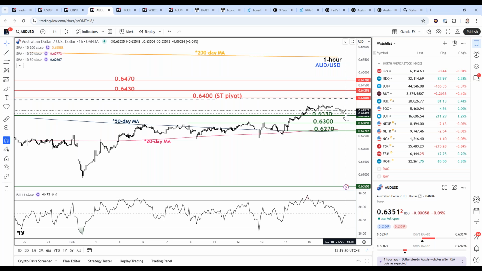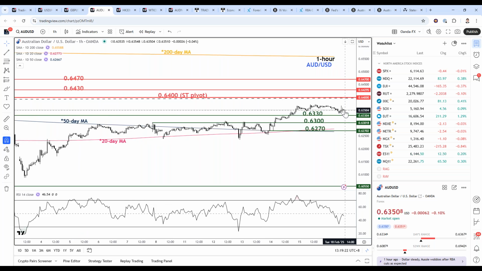But price action still remains rather lackluster, where the bulls are not able to stage a breakthrough above the current intraday high of 63.67 that was printed on the outcome of the RBA monetary policy decision at 11 a.m., where the market was expecting a cut.